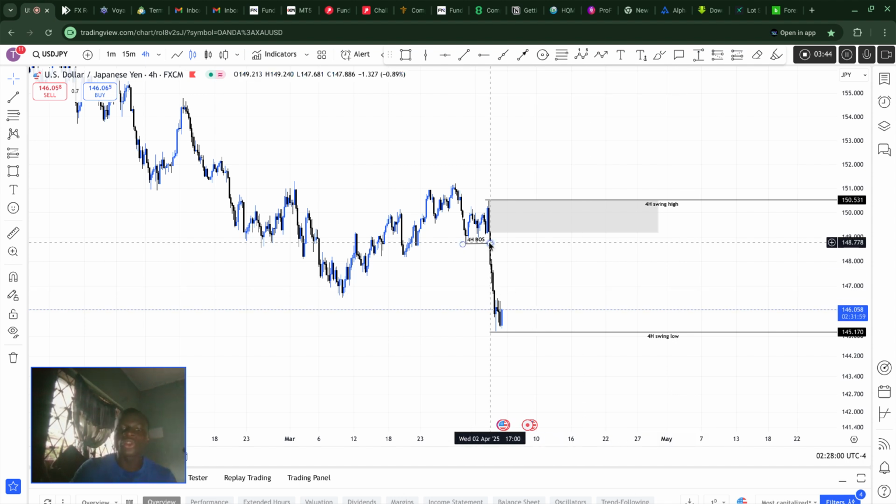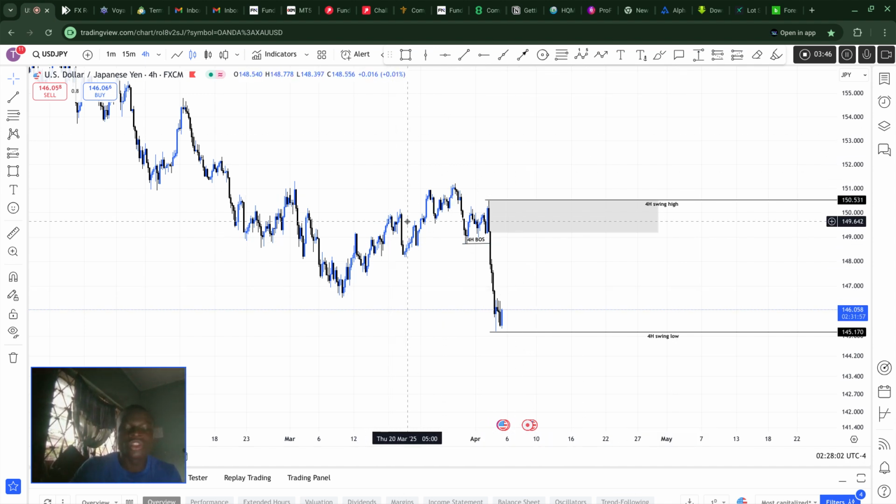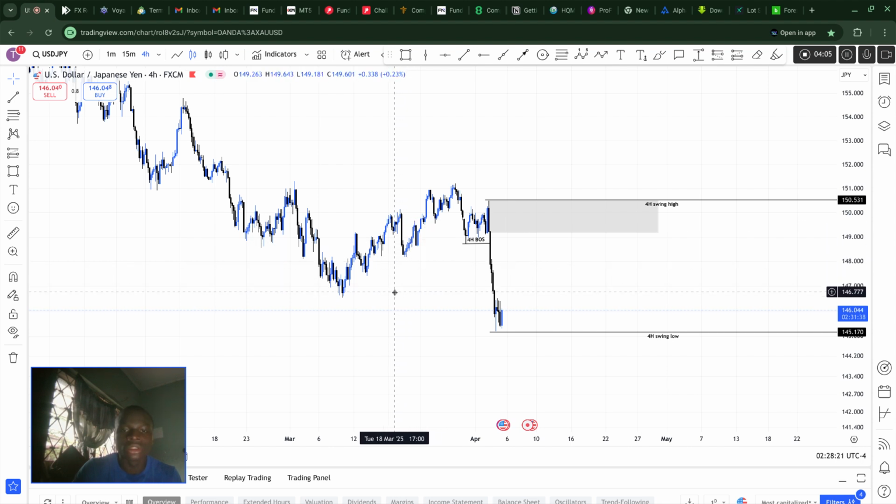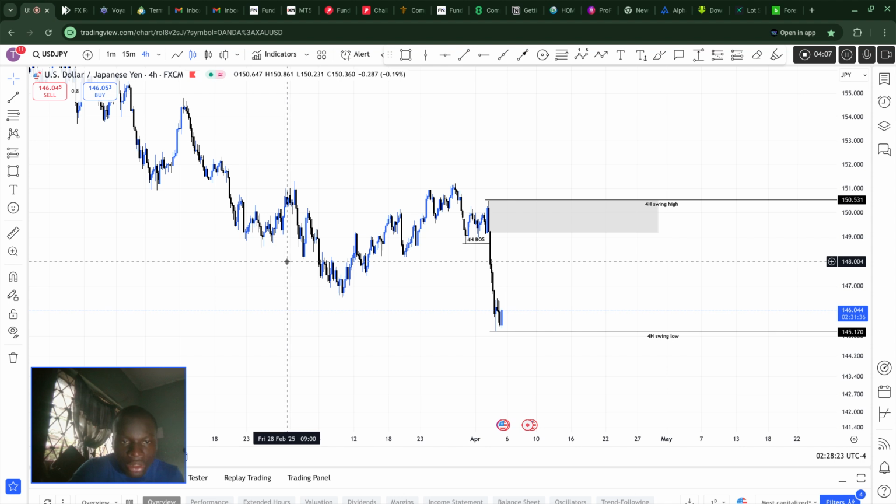When the market trends, every supply or demand zone to the left is eliminated. So it eliminated all of this trend. Same goes for this, eliminated everything. So that's just it.